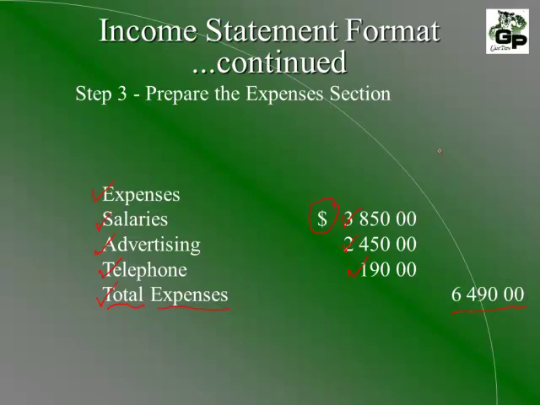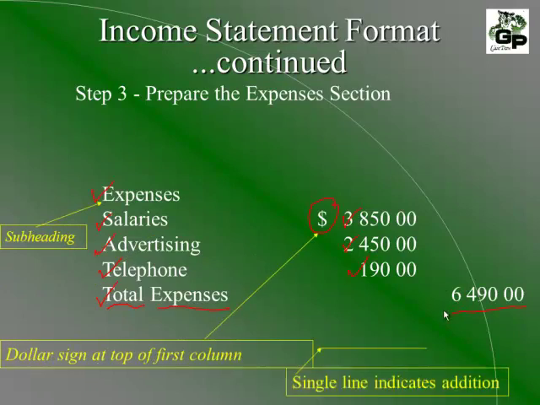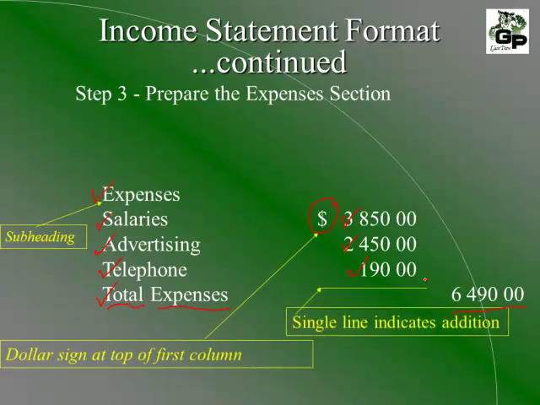Now, because we had a dollar sign for the total revenue, we don't need a dollar sign here for the total expenses. Once again, we have to have a single underline to indicate addition is occurring, and we put the total in the next adjacent column.